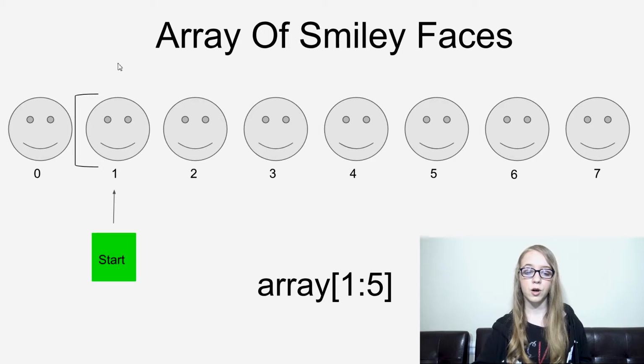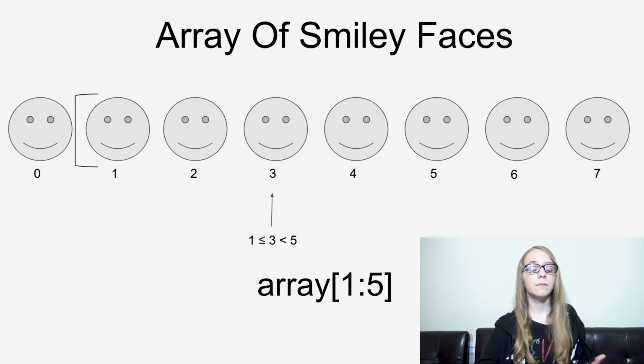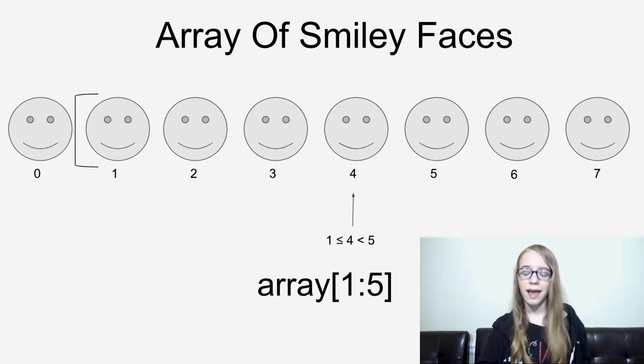So we started our subset right here, right in front of 1. So we're including the item at index 1. The item at index 2 is greater than or equal to our starting index, but also less than our ending index. So it's included in the subset. The same is true for 3 and 4.